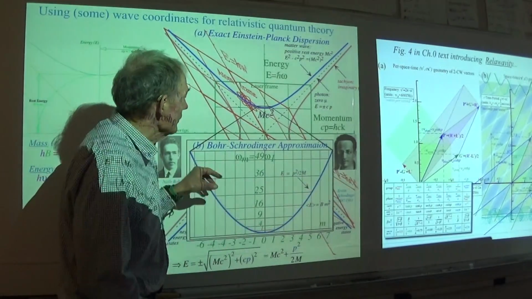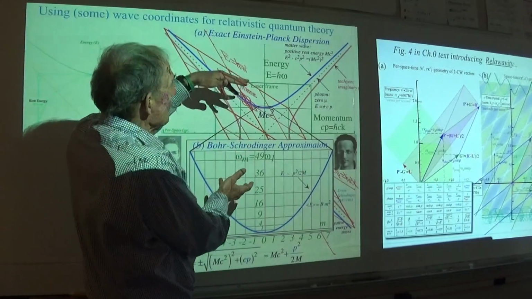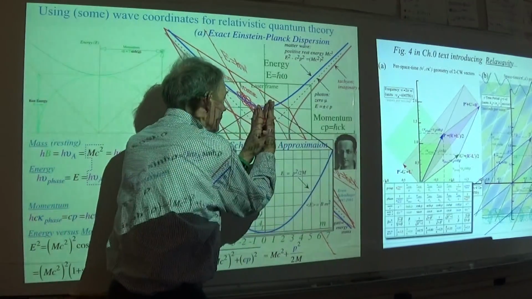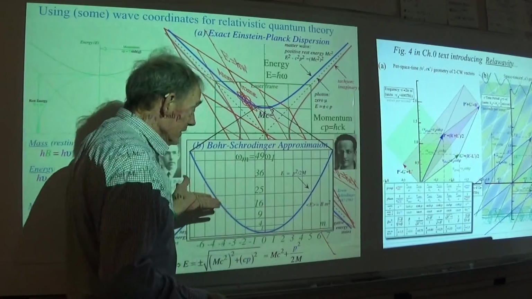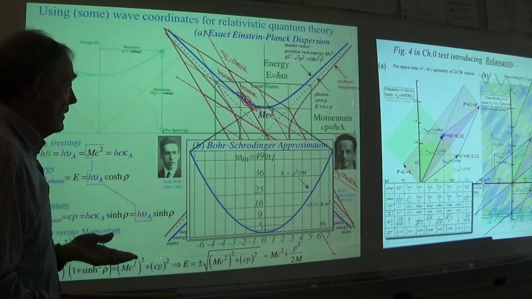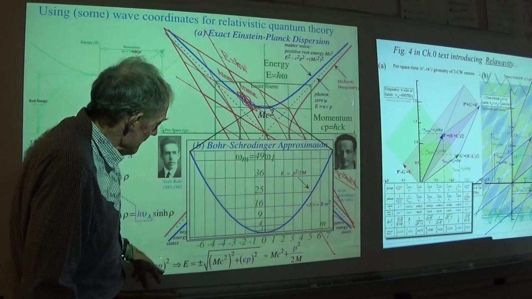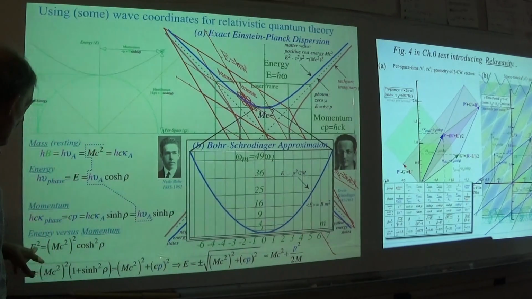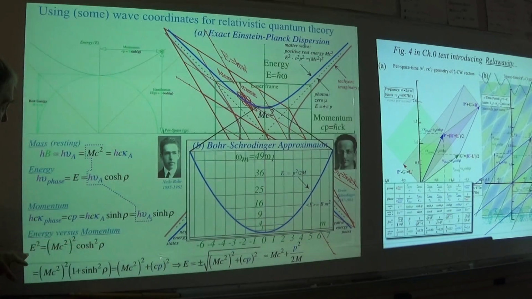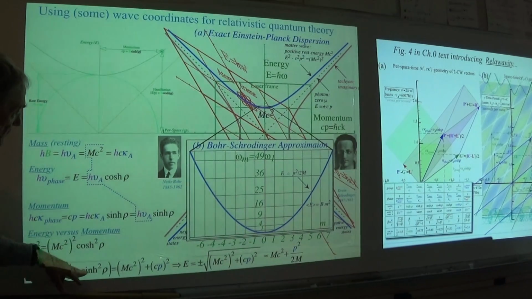That's what this is. So you got to really stretch the scale on this thing and close in on it this way to get this. So if you're going to play with this thing, most of the time, and this is what you see right away, is the e squared is this thing right here, and that's m squared plus 1 plus sine squared.